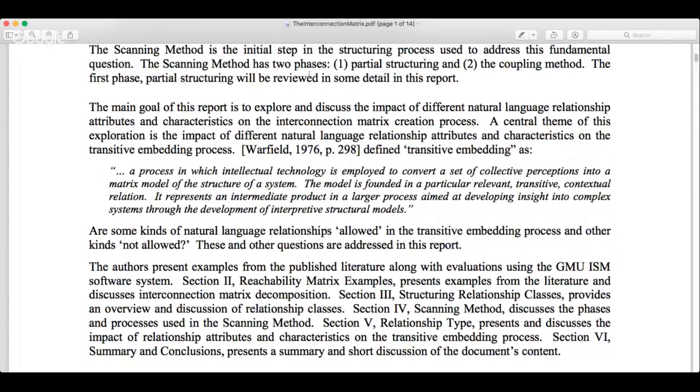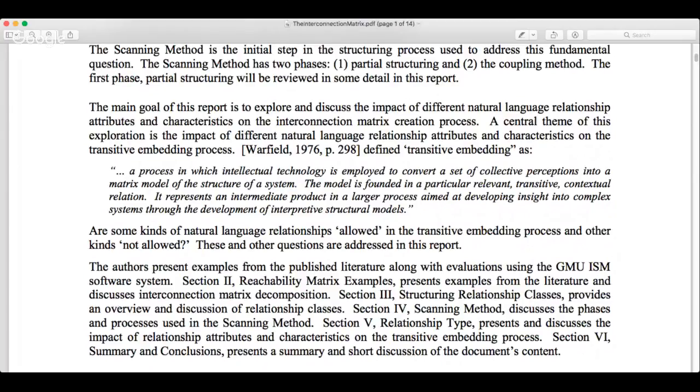And this model is founded on a particular, relevant, transitive, contextual relation. So notice here that Warfield said it was transitive, and particular, relevant. So what we're looking at now is, what are the characteristics of a particular relevant contextual relation? This implies that there are some contextual relations that are not relevant and won't be good to be used here.